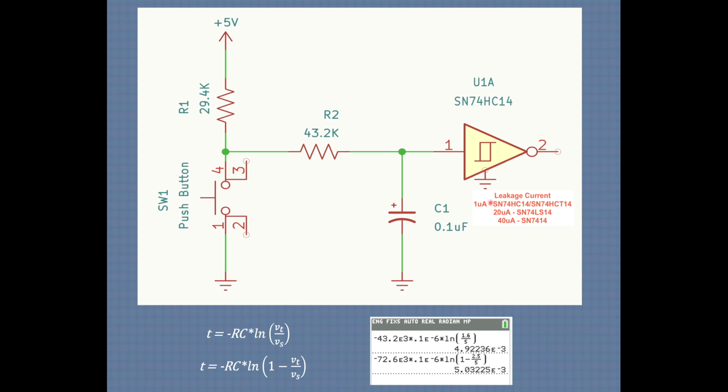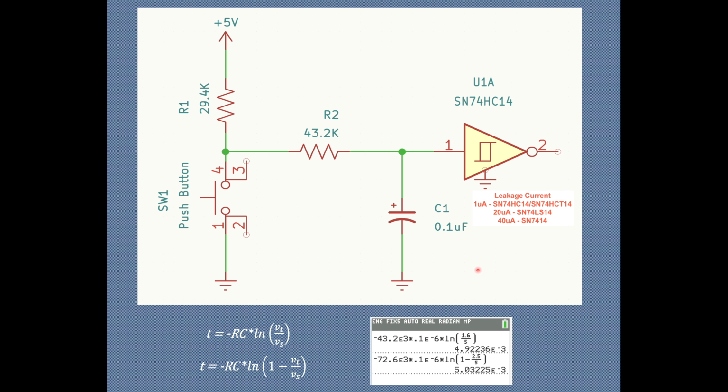But because of the leakage on some of these ICs, especially anything other than a 74HC, which has very low leakage, you see the leakage on these is very high, 20 or 40 times more. And what that'll do is this voltage will hang here at about 1.6, 1.5 volts, and it'll never go low. And we'll show you that in the demonstration.